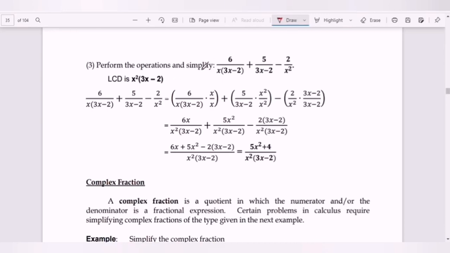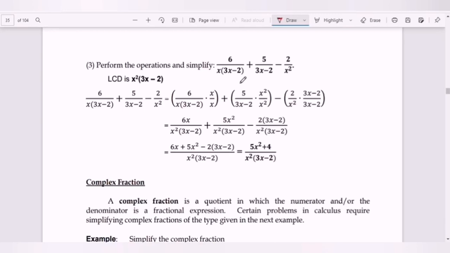If we recall our basic algebra in elementary or even in high school, it was already discussed that when you add or subtract such fractions, what we need is to find the LCD, or the least common denominator.